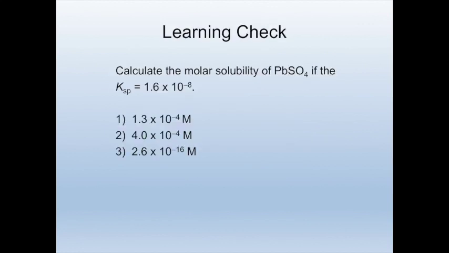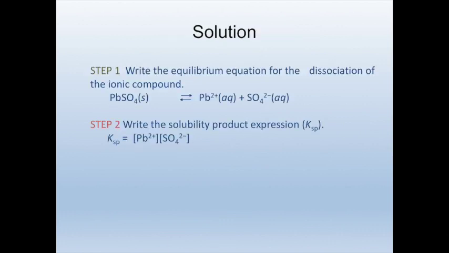Another example, calculate the molar solubility of lead sulfate, if the solubility product constant is 1.6 times 10 to the minus 8. And the options are 1.3 times 10 to the minus 4, 4.0 times 10 to the minus 4, and 2.6 times 10 to the minus 16 molar. So we start by writing the equilibrium equation.